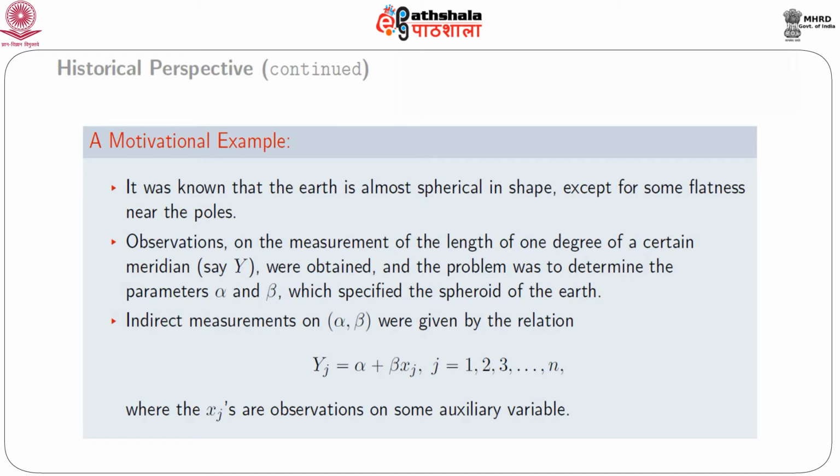Indirect measurements on alpha, beta were given by the relation y_j equals alpha plus beta times x_j, j running from 1 up to n, where x_j's are observations on some auxiliary variables and n is the number of observations.